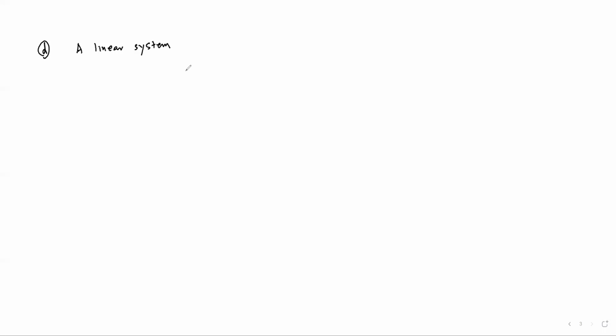Let me save some writing. I only write down the augmented matrix. A linear system, suppose whose augmented matrix is this.